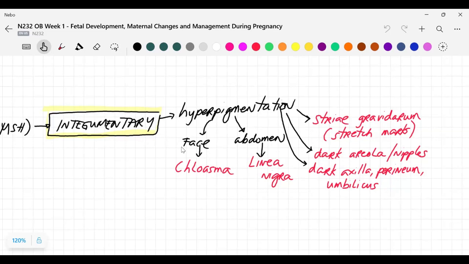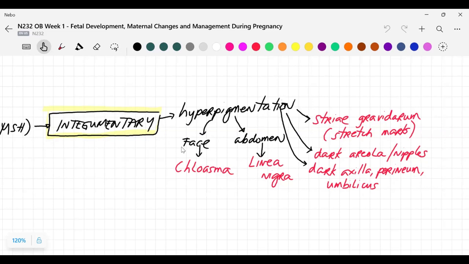Linea nigra is that dark line in the middle of the abdomen. They're going to have a lot of stretch marks, striae gravidarum, on the sides. And their areola, the circumference of the nipple, gets darker and even bigger, sometimes.